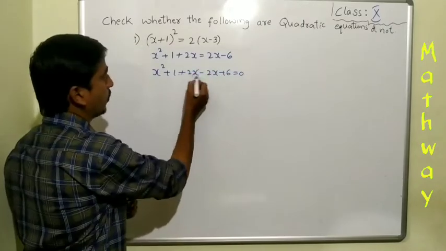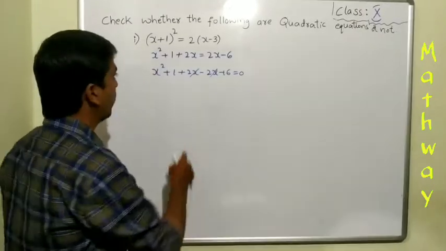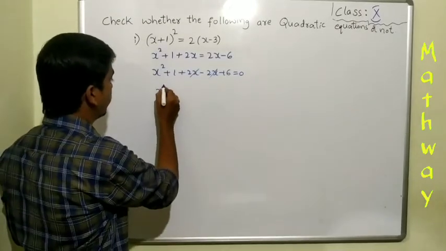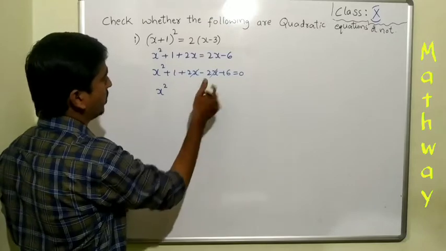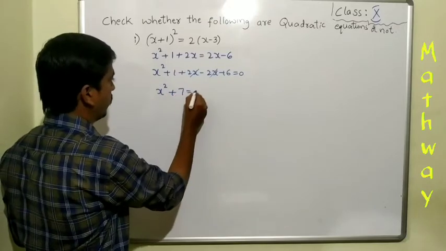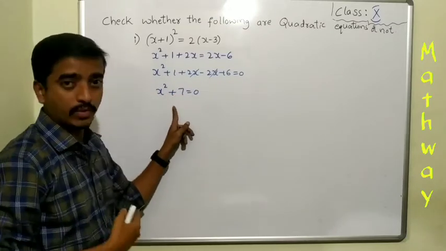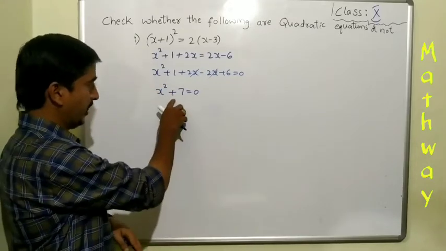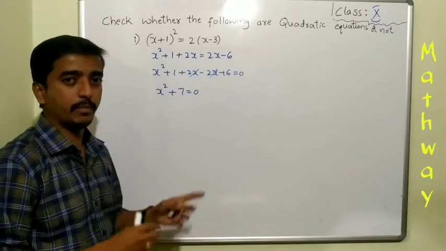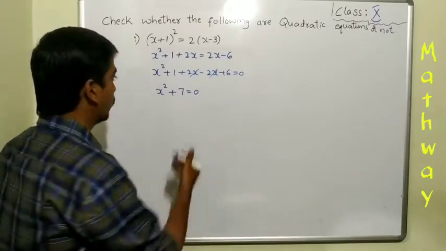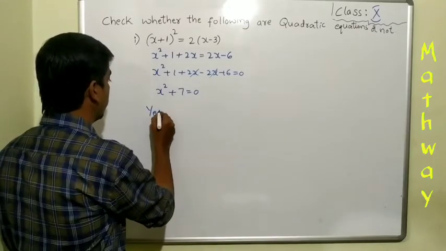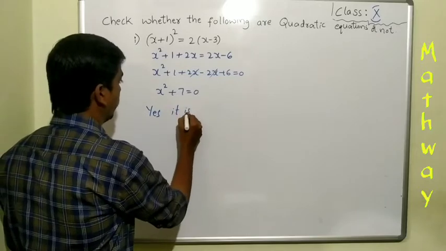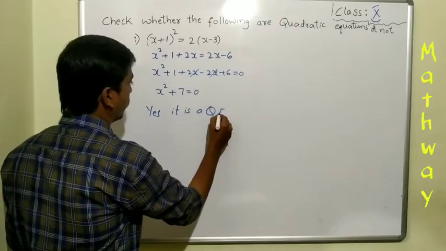Here plus 2x minus 2x will get cancelled, and the remaining terms are x square, 1 plus 6 is 7, equal to 0. Is it in the form of a quadratic equation? Yes, ax square plus bx plus c, but here the x term is missing, meaning the x term is 0.